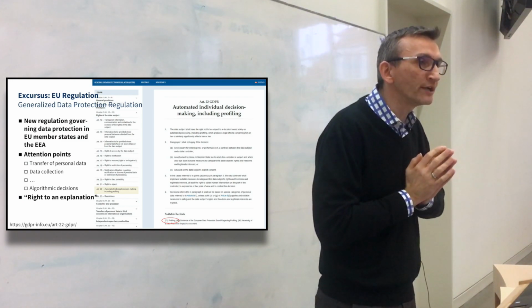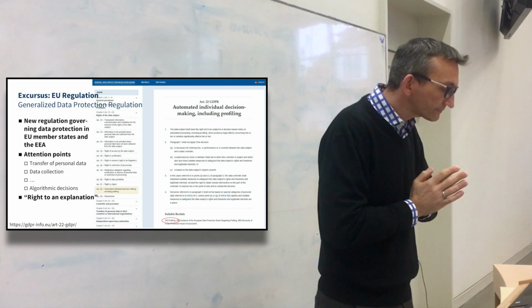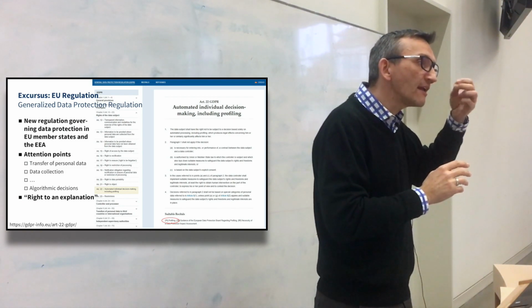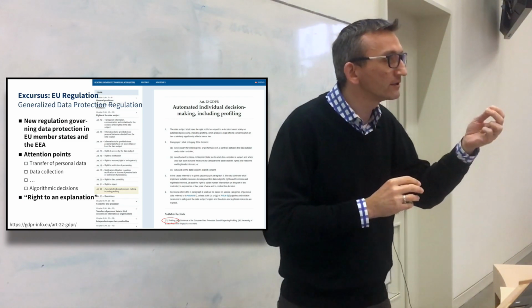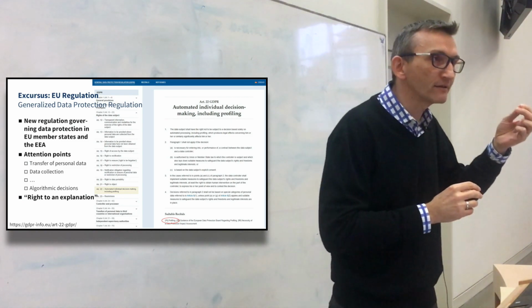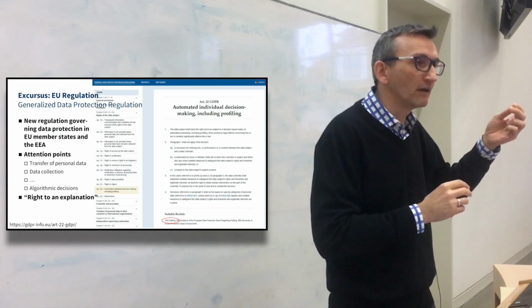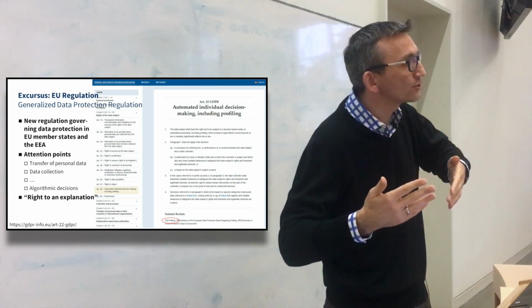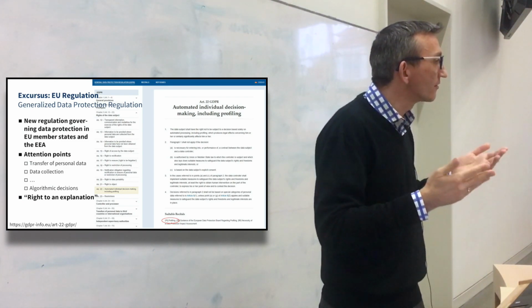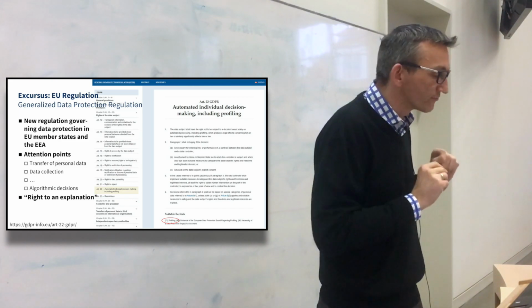That's in a nutshell what it is about. And you could say this is a very strong argument why interpretability matters, that if you as a company use algorithms to make decisions, then your customers or the people you do business with have this right.